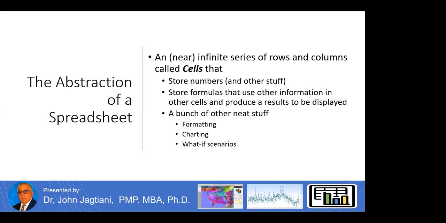And in a cell, you can store numbers, text, even images and blobs, many other types of data. You can also store formulas and use other information from other cells to produce results. So you can have cell referencing, and we'll talk about cell referencing in a bit.